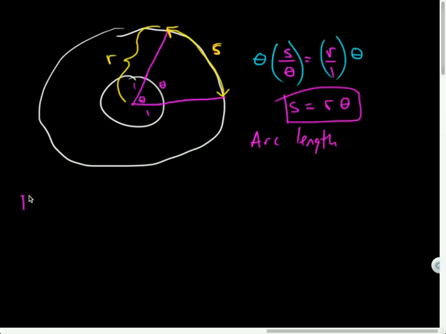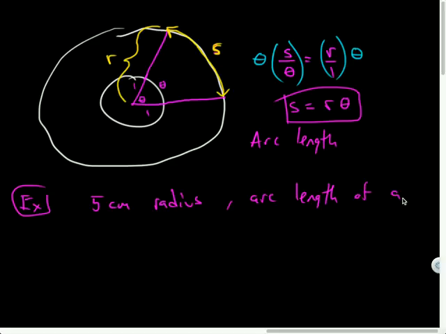So let's do a quick example of that. What if I have a 5 centimeter radius, and what is the arc length of a 120 degree central angle?